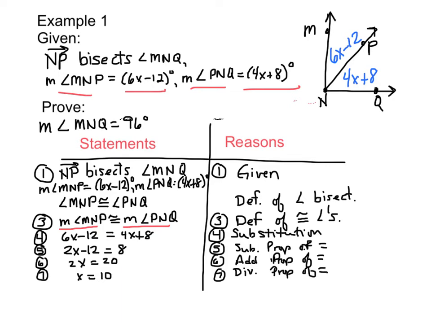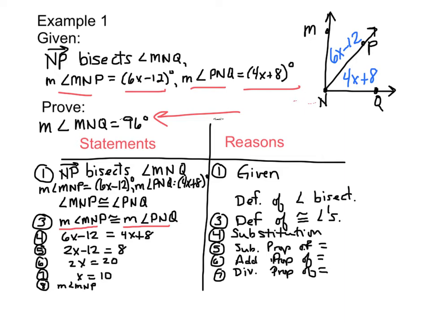What do you do now? Remember, your last statement is always going to be what you have to prove. So 8, you're going to say, now there are different ways to say this, but I'm going to say the measure of angle MNP, because, I'm sorry, MNQ is what we need.